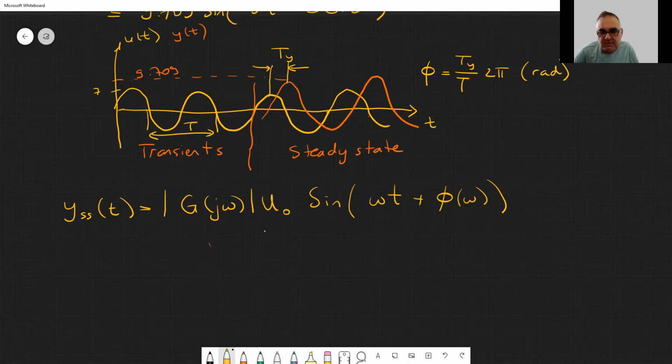And the phase angle, as you know, is the angle of the complex frequency response.